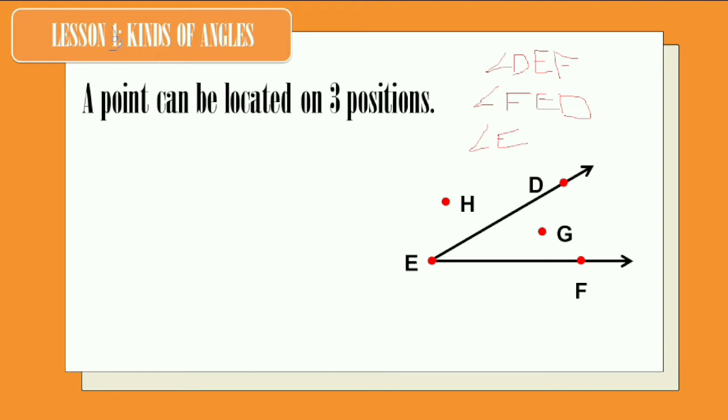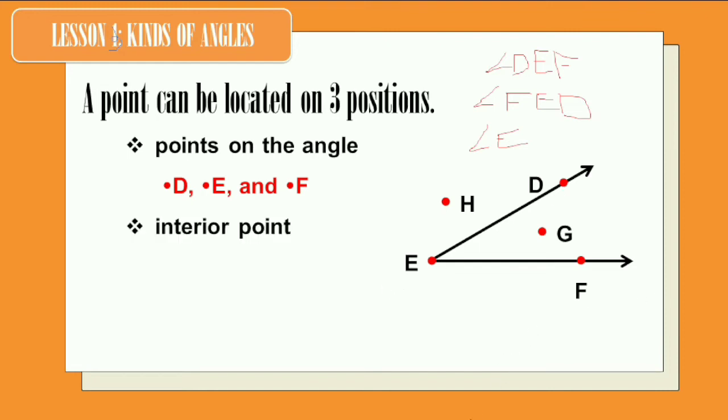So, yung first location ng point natin ay yung points on the angle. So, ano nga ba yung points on the angle? Yun mismo, yung point na nasa angle. So, D, E, F. The angle itself. Okay? Points on the angle yan. Next, interior point. Okay, very self-explanatory na to. Interior, meaning inside.